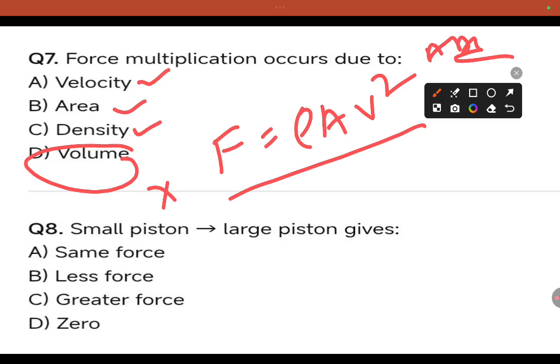We have a hydraulic system, so the small piston will create high pressure, and this will create less pressure, same force, less force, greater force. Small piston and large piston.